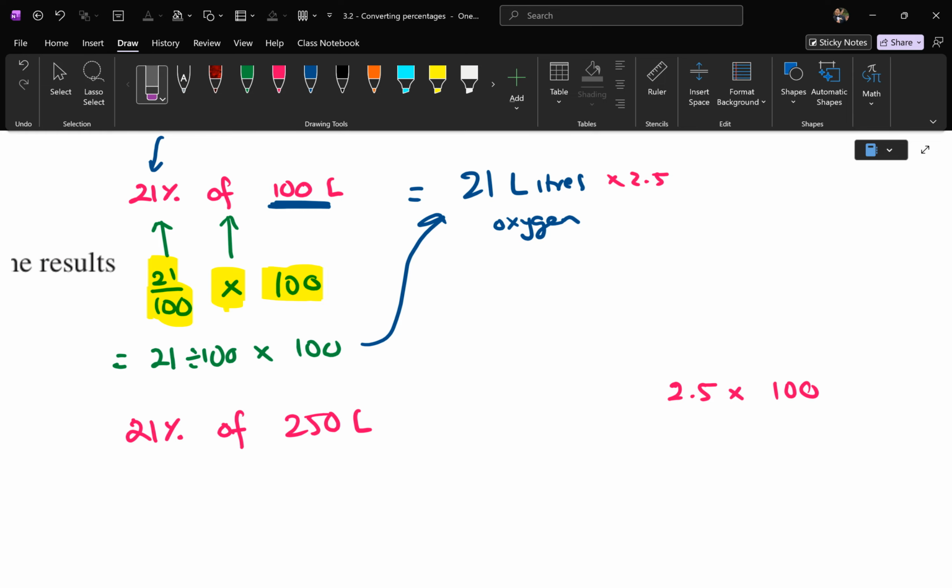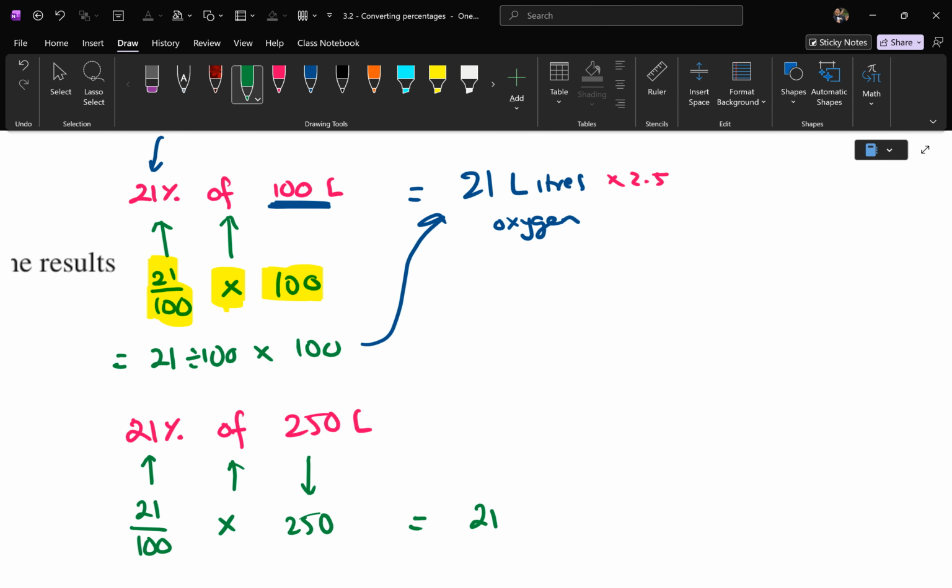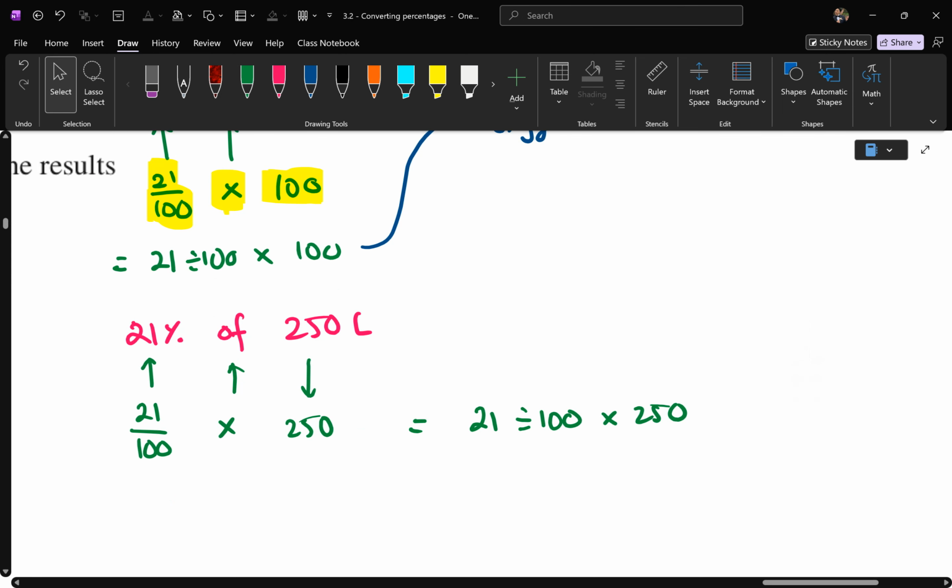But just in case you didn't know that or didn't pick up on that, then you can still do what I just taught you before. 21% is 21 over 100, which means 21 divided 100. Of means times, and you got 250. So on your calculator, you're typing 21 divide 100, and then times 250. And that should give you the answer.